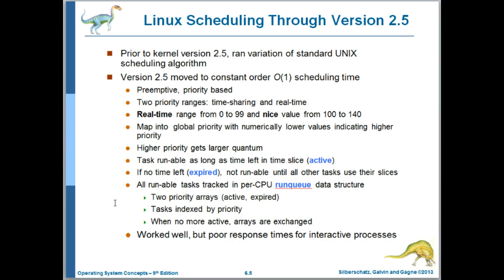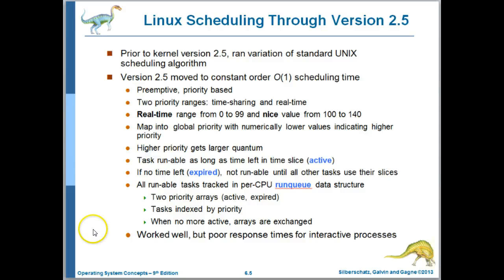That was the active array, and then the expired array was where task entries were moved after they had used their quantum in a particular scheduling round. And then once all the tasks were on the expired queue, then the expired queue became the active queue, and vice versa.